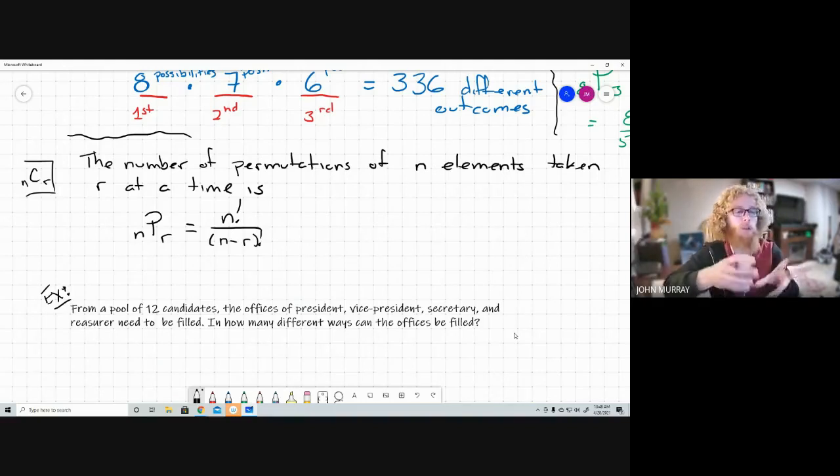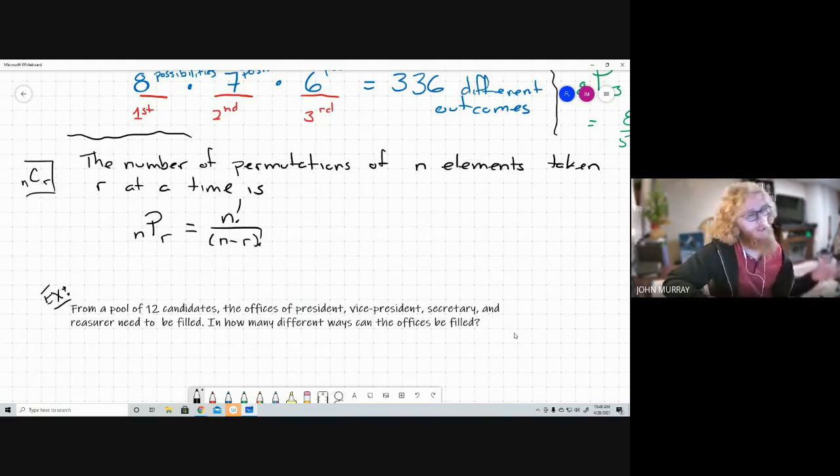Or if one element is used, then it can't be used again. Or you need one element in a specific place. So here it's a little different setup, but still the order matters. We have a pool of 12 candidates. We want to have a president, a vice president, a secretary, and a treasurer. So how many different ways can the offices be filled?